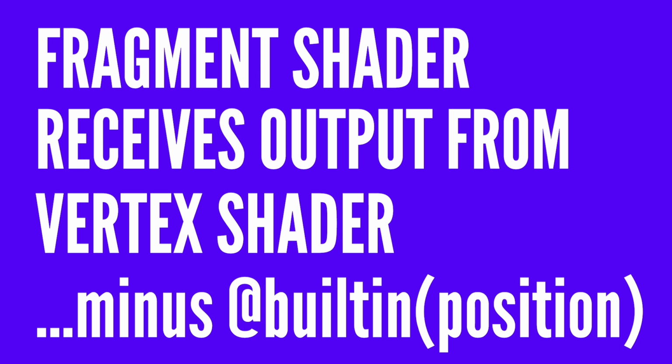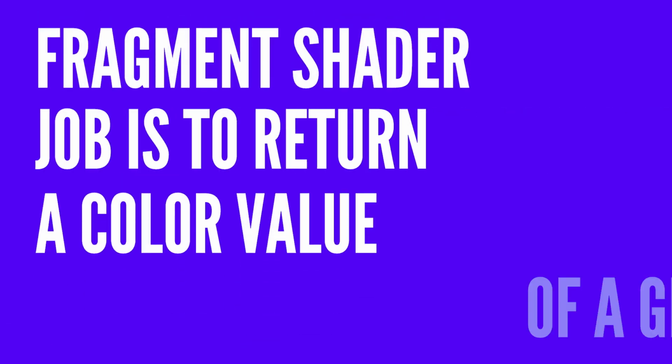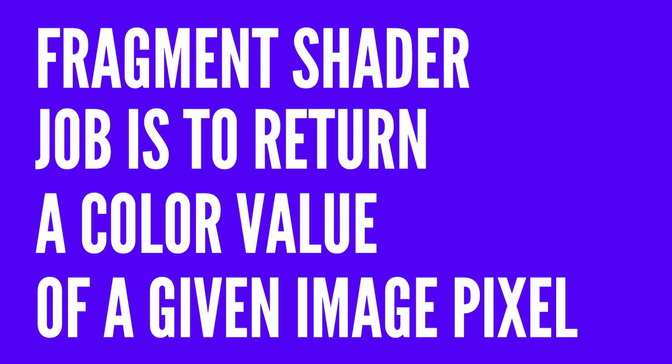We'll see why this is important later, but if we look at line 111, we are just taking that color data that we passed from the vertex shader and returning it. That's exactly the job of the fragment shader: it returns a vec4 color, and that'll be used to determine the color of the pixel in our scene.